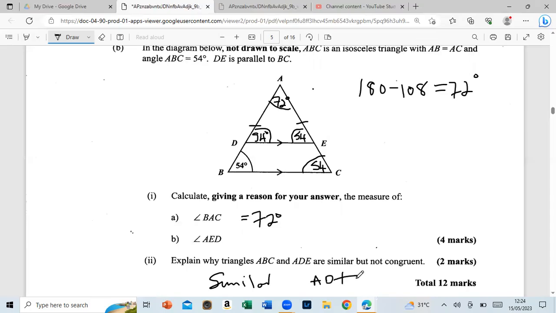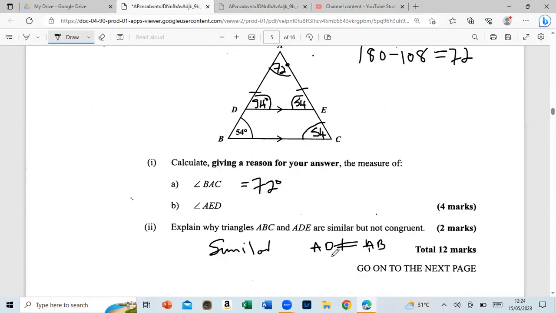So AD is not equal to AB, and AE is not equal to AC. So they are similar. Congruent means they must have the same size. The angles are the same, but the size must also be the same for it to be congruent.